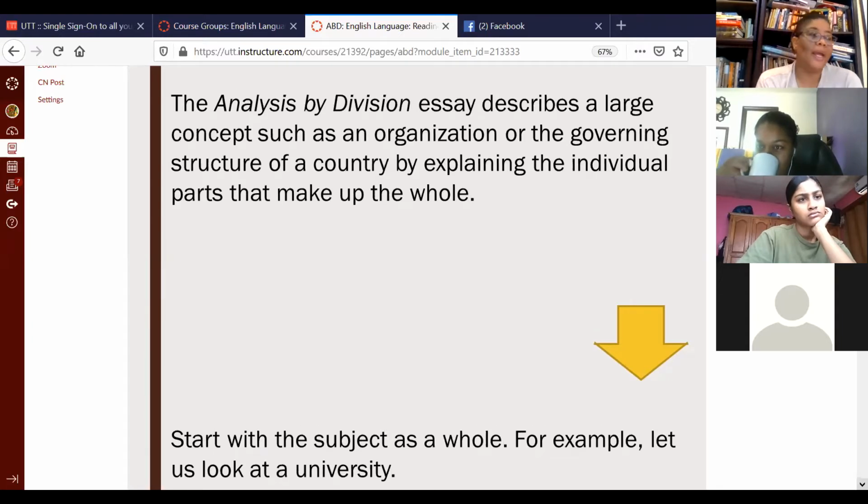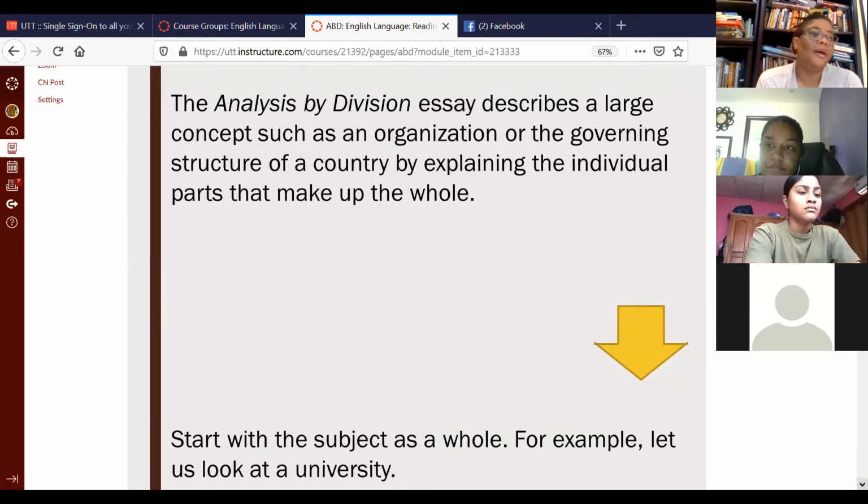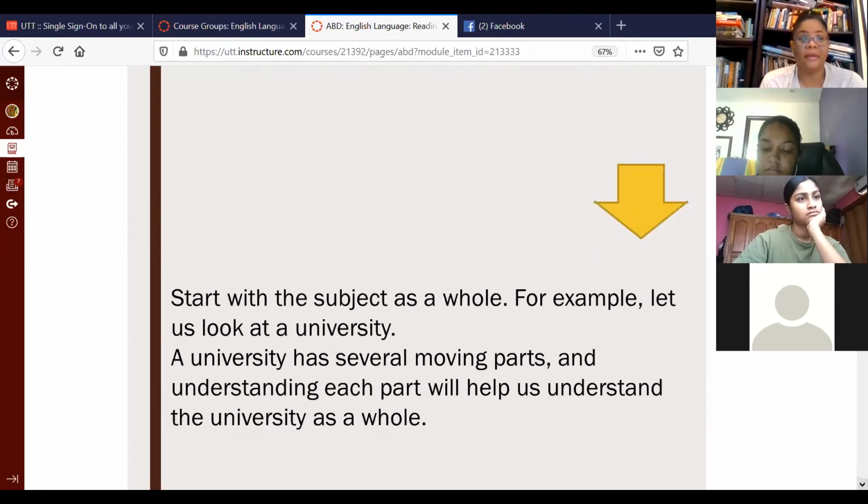So something like the governing structure of a country, how a university operates, what is a university and how it operates, explaining what a hospital is and how it functions, these kind of conglomerate or large scale concepts, and then we break it down into its individual pieces, right?